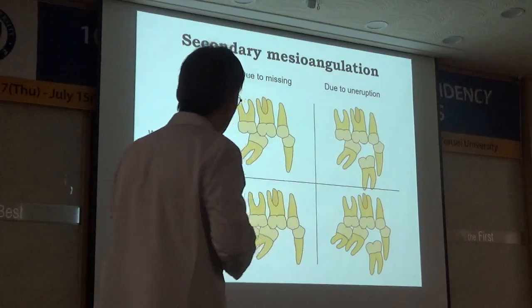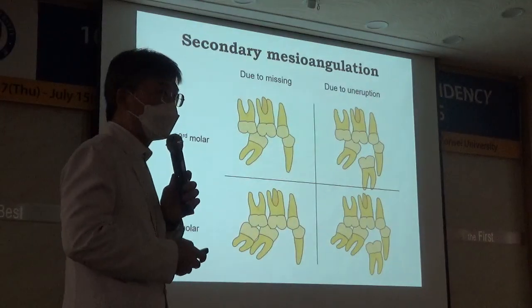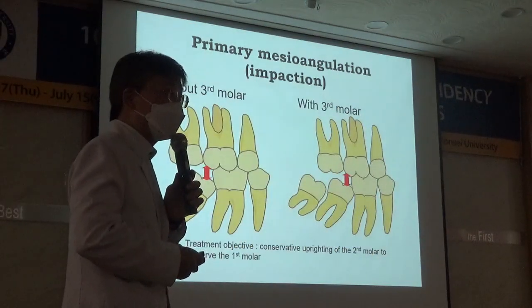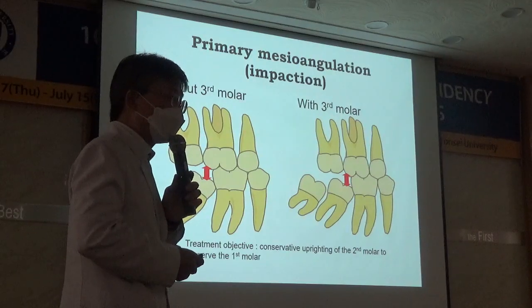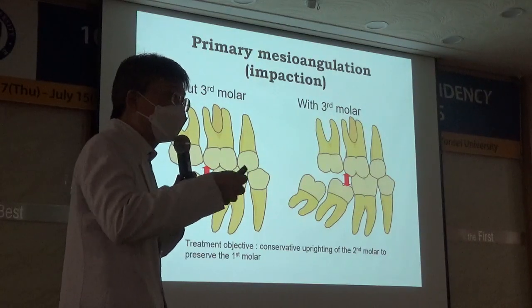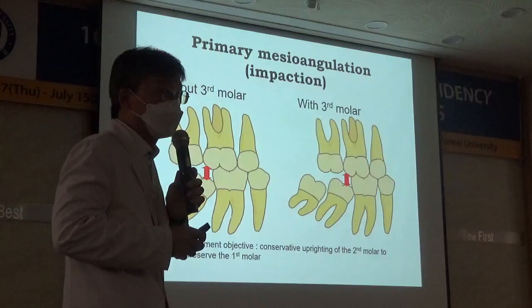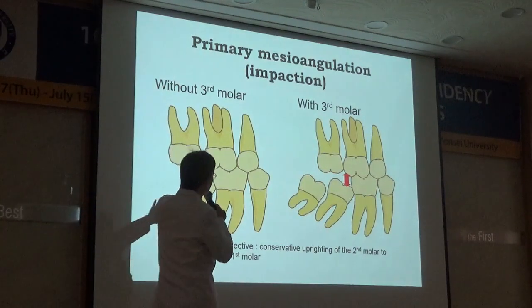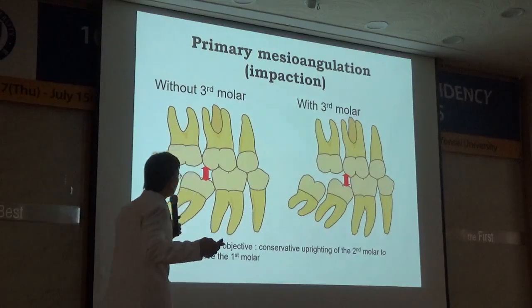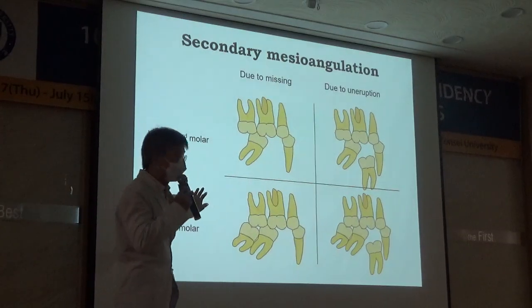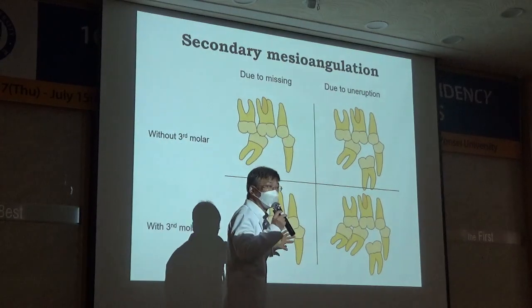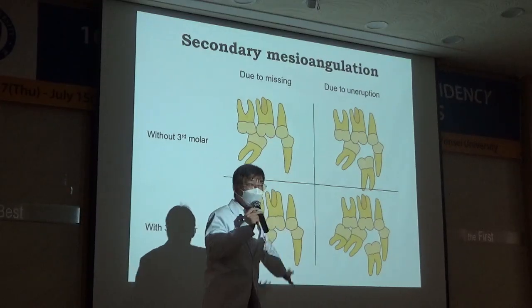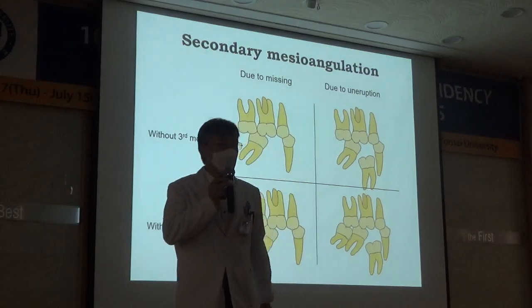Well, what's the biomechanical difference between these two? Primary mesial angulation would allow us to introduce extrusive movement. Is that correct? Extrusion is allowed because there is room on top of it. Secondary mesial angulation would not allow any rotation, extrusion, or anything like that.